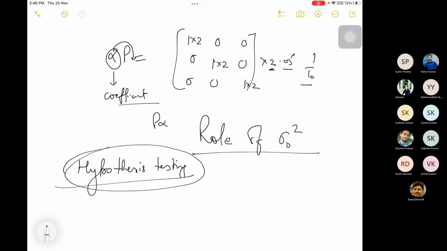Please remember, we have to provide the statistical basis or statistical support to our answers, and this statistical testing part for the correctness of the least square adjustment is known as hypothesis testing.